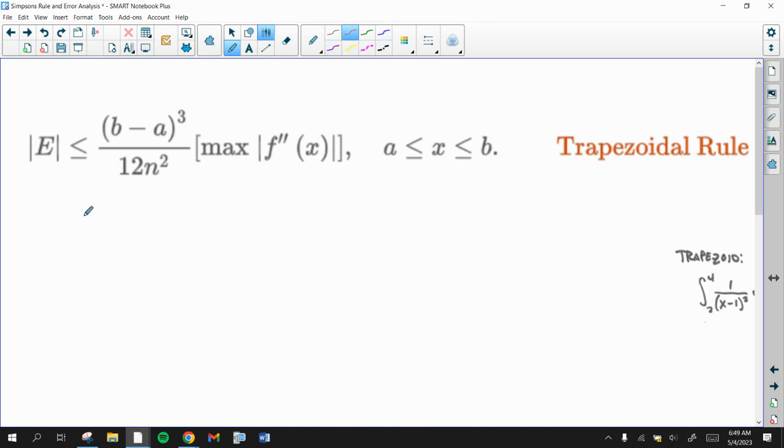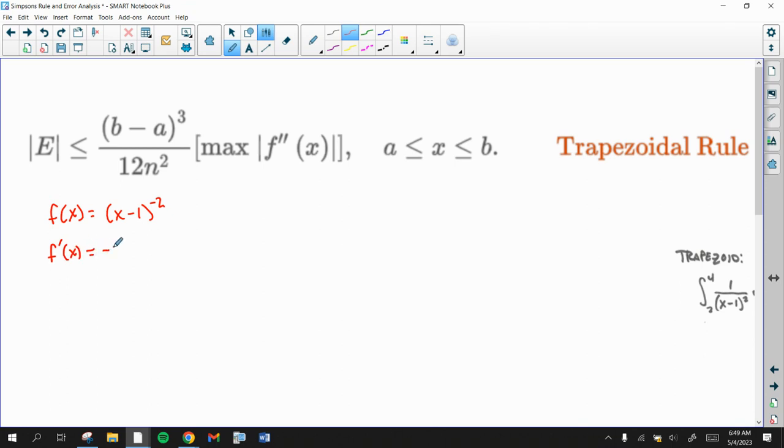Our function was 1 over (x minus 1) squared, so (x minus 1) to the negative second. This will be easy to take the derivative of now. The first derivative is a simple chain rule.